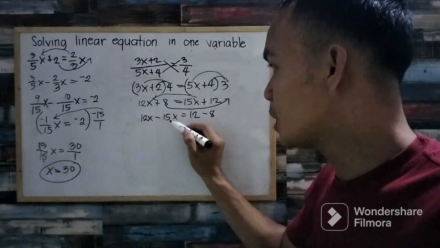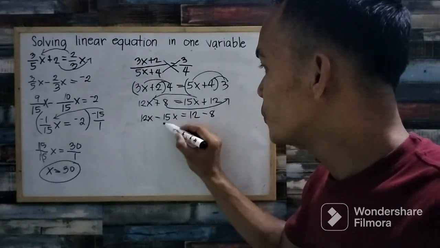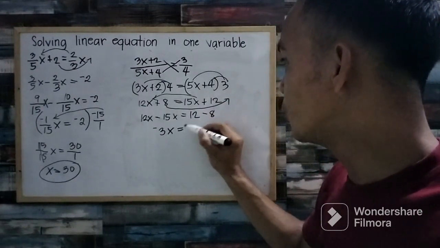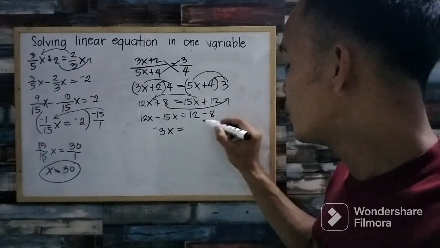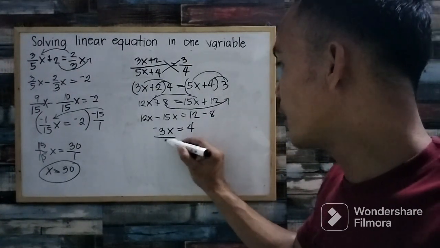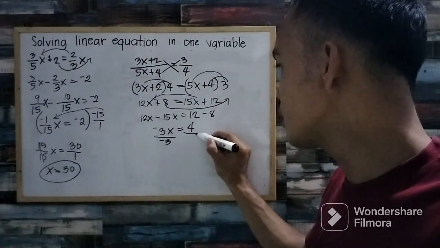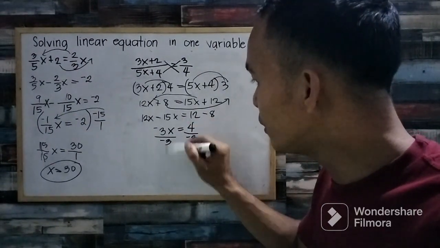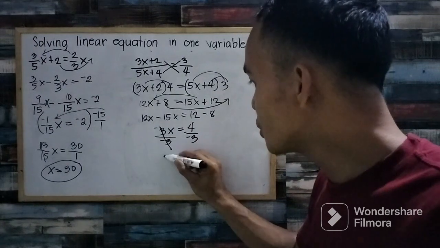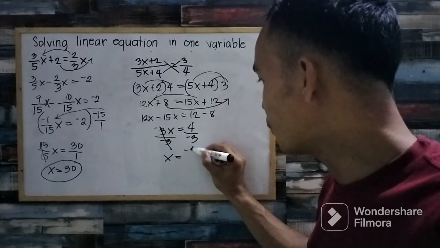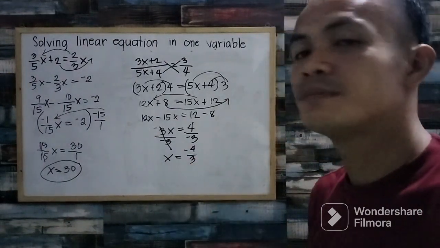So 12x minus 15x, that is negative 3x is equal to 12 minus 8 is 4. Okay, so we have to divide it by negative 3, both sides, negative 3, to isolate the x. So negative 3 divided by negative 3 is 1. So what remains here is x is equal to negative 4 over 3.